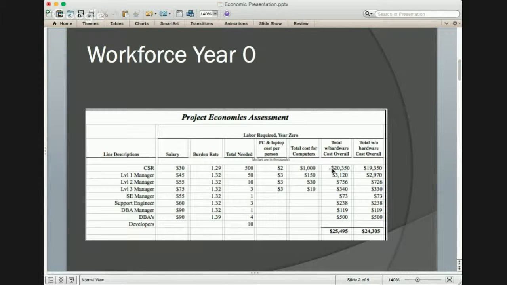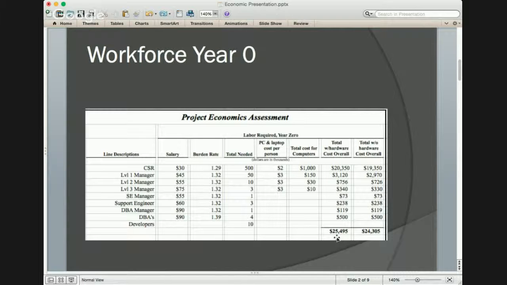These numbers reflect how much it costs for the employee and for their computers in total, adding up to $25 million, $495,000. So that's all the employees for 1 year with their brand new computers.